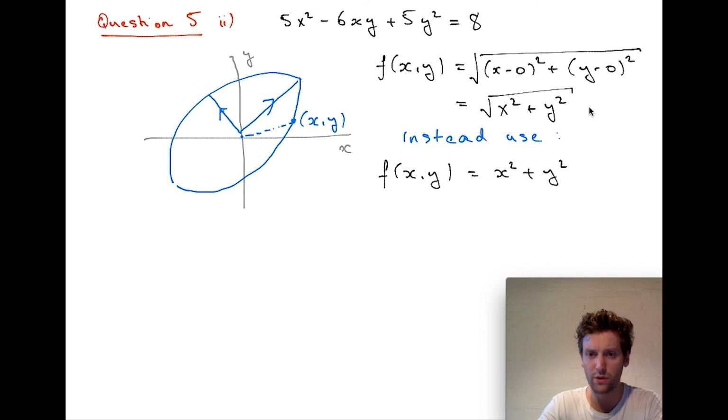What about the constraint, g of x and y equals 0? Well, our constraint here is that whatever this point is, x, y, it has to be on the ellipse. It has to satisfy this expression here. So I'm going to rewrite this expression so it has the form something equals 0.